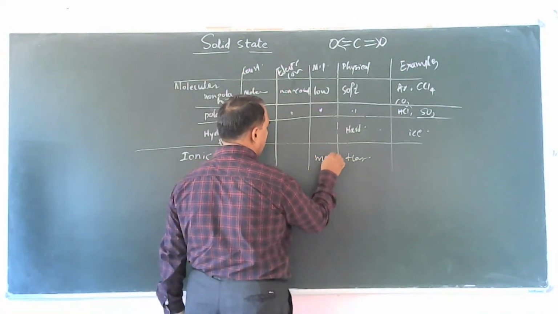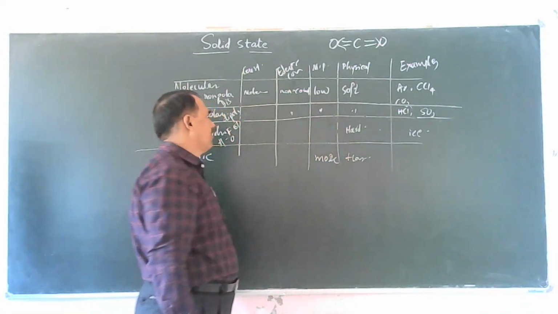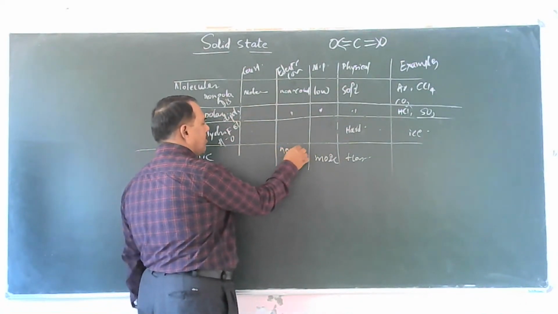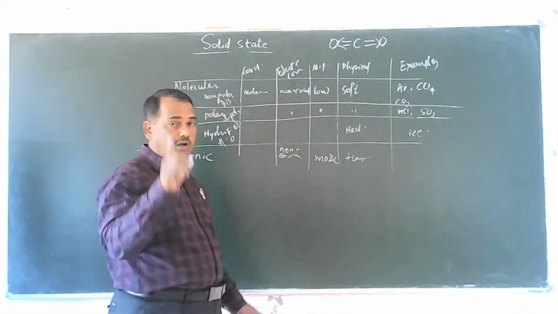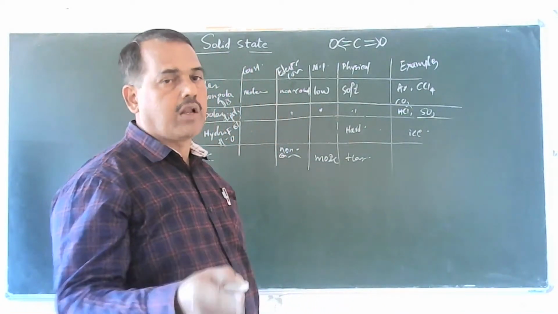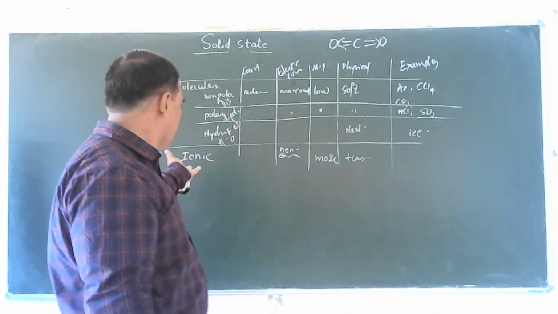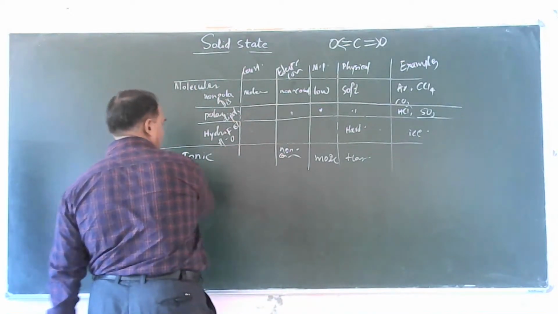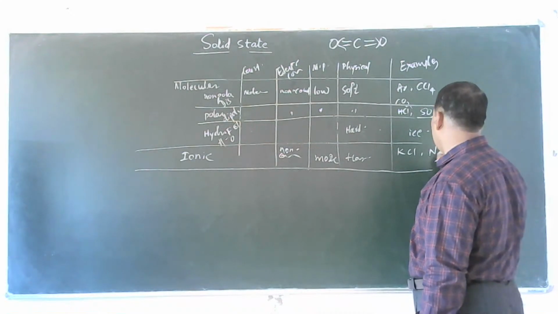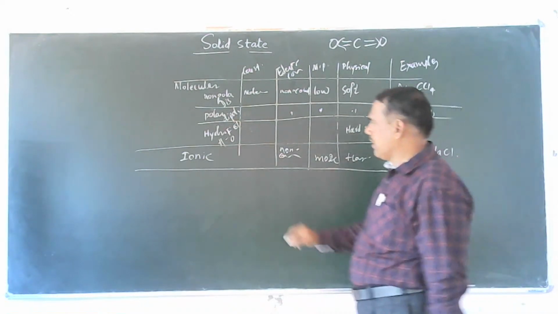Melting point is more than molecular solid. Are you clear? They are non-conductors in solid state. They are conductors in molten and liquid state, as their ions can conduct. Examples for ionic solid, you can write KCl, NaCl, etc.